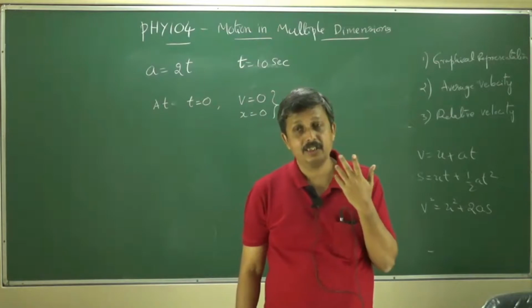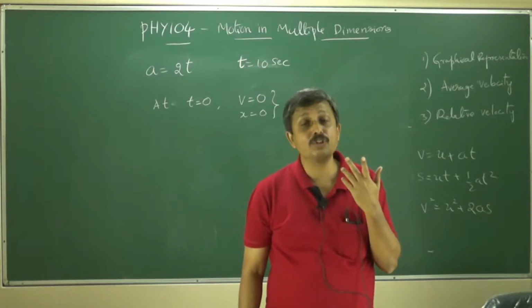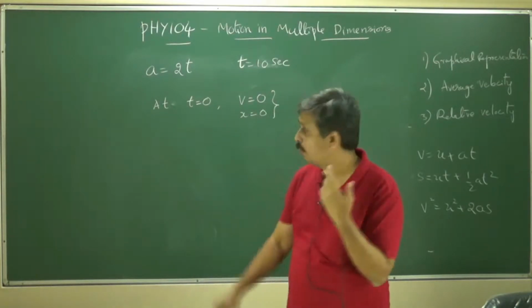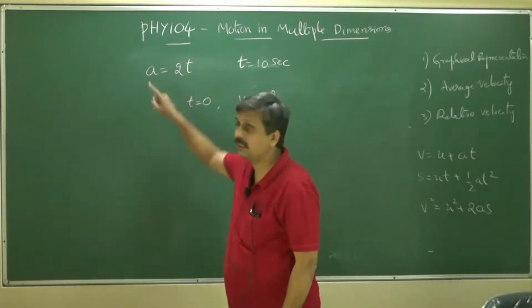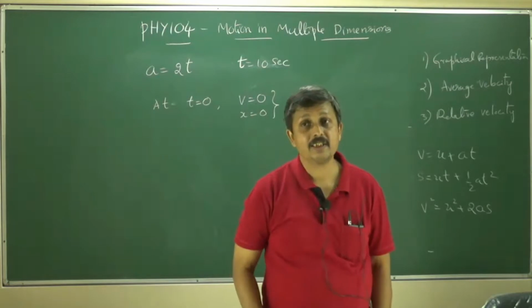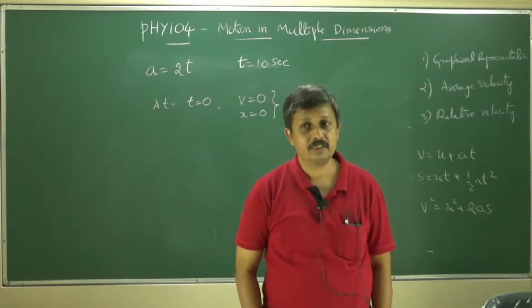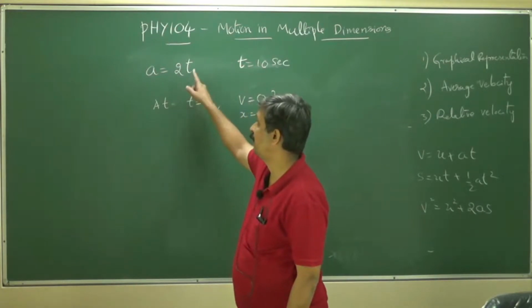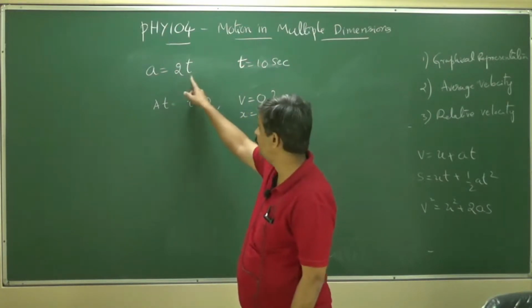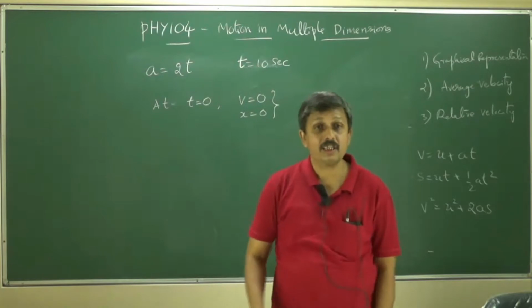What is the meaning of a is equal to 2t? It means as t is varying, acceleration also is varying. When t is equal to 0, acceleration is 0, at t is equal to 1, acceleration is equal to 2, at t is equal to 2, acceleration is equal to 4, like that it is varying.